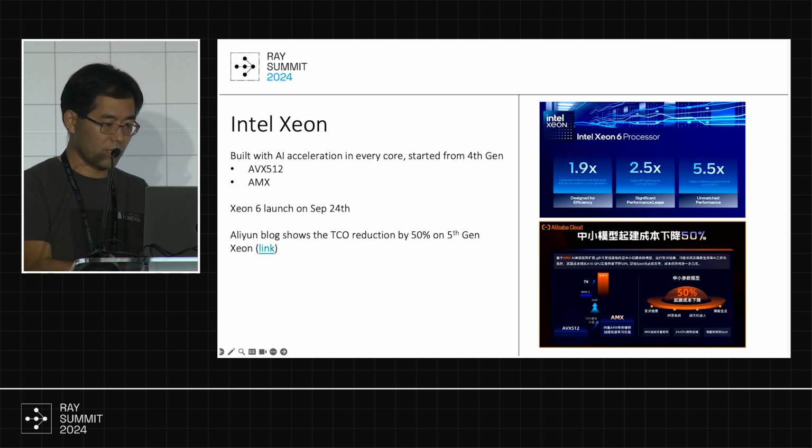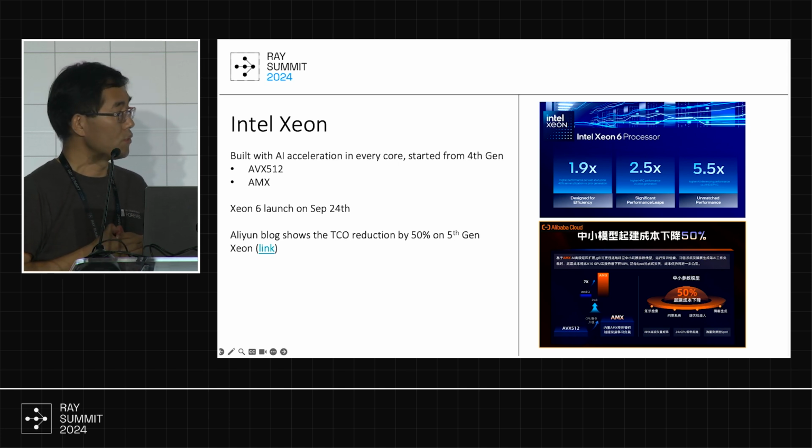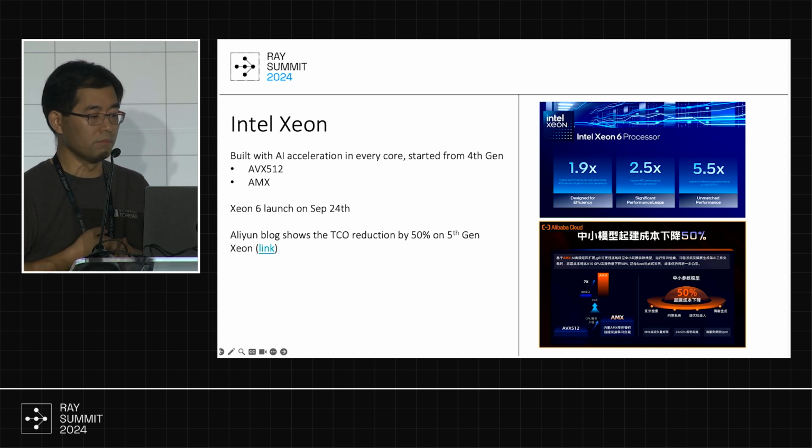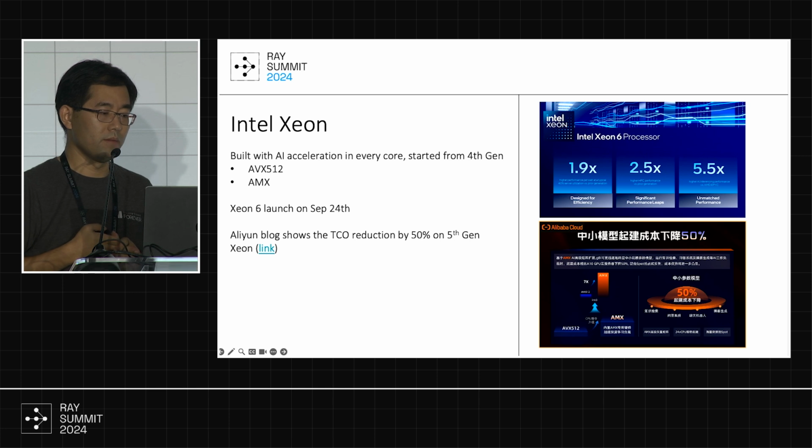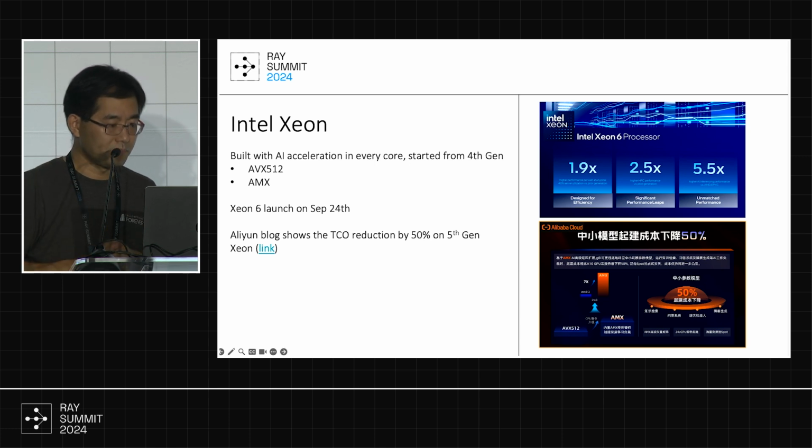The figure on the bottom right is in Chinese, but basically it says that to deploy medium to small size language models, the TCO reduction is 50%. EMR is now widely available at CSPs like GCP as well as Ali Cloud. Many other cloud providers are also deploying EMR at larger scale.